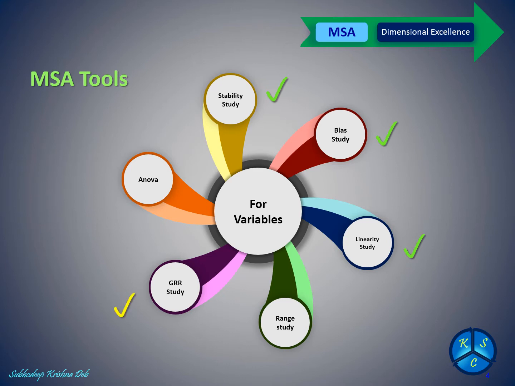In this video, we will understand the GRR study, that is gauge repeatability and reproducibility study. By far, this is the most extensively used and practiced tool for doing the measurement system analysis and understanding the measurement system variation and reducing it. So let's get started with the GRR study.